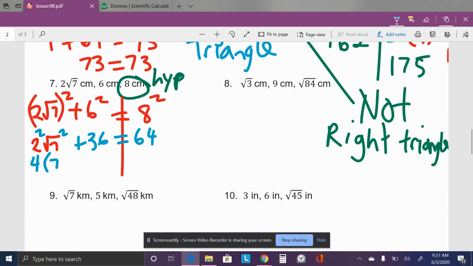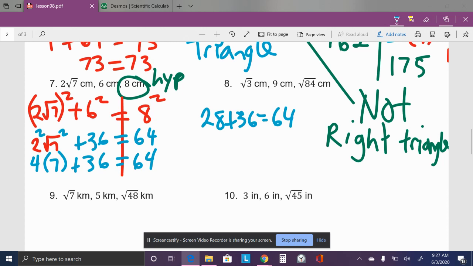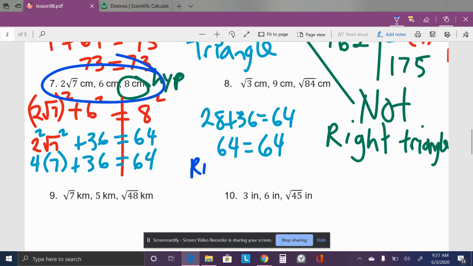Radical 7 squared is just 7, and the radical sign drops. Plus 36 is 64. 4 times 7 is 28. 28 plus 36 is 64. And so that means this is a right triangle. This set of numbers is a right triangle.